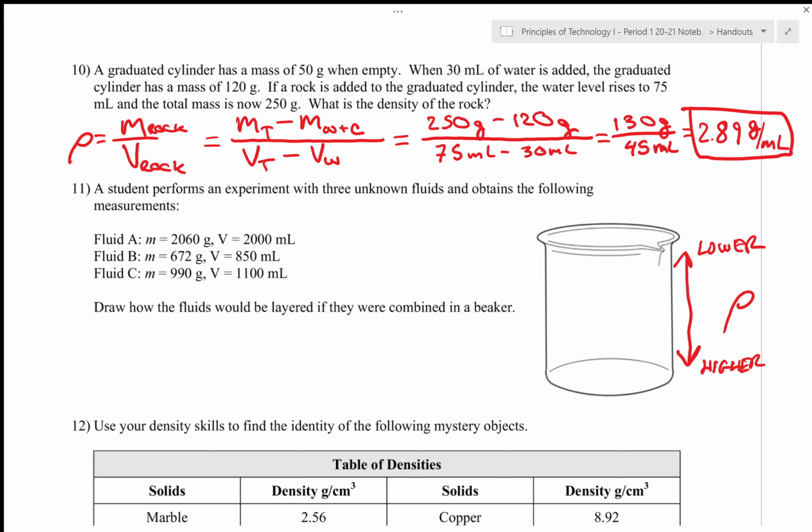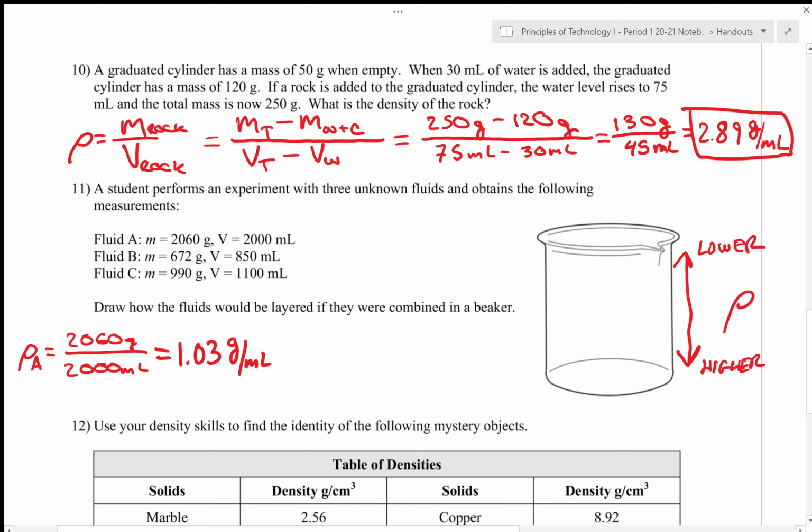And so for fluid A, we're going to have its mass, 2,060 grams, divided by 2,000 milliliters. 2,060 divided by 2,000 is going to give you 1.03 grams per milliliter.